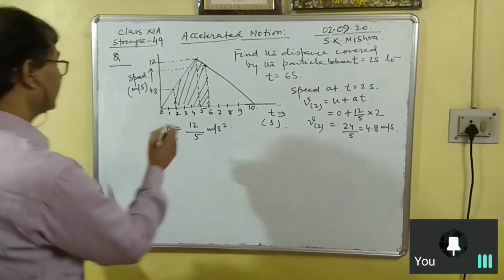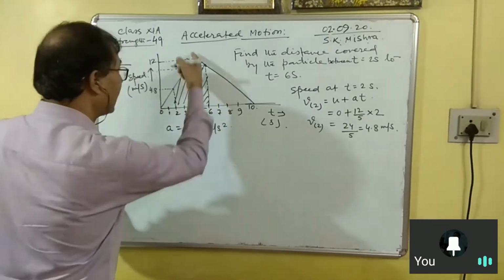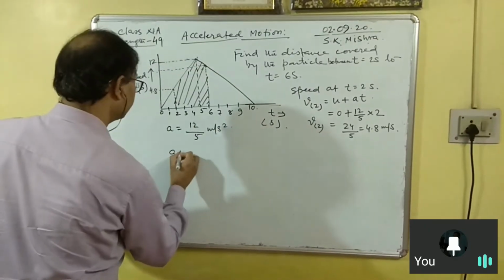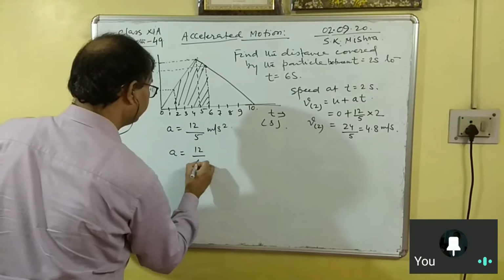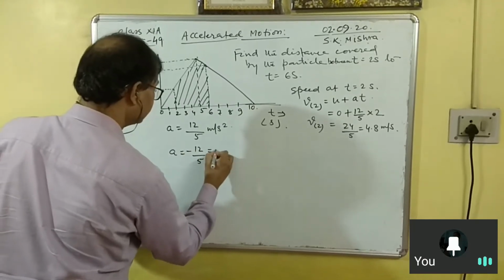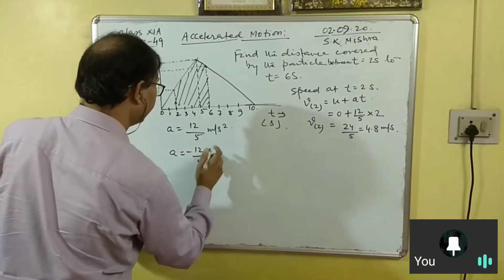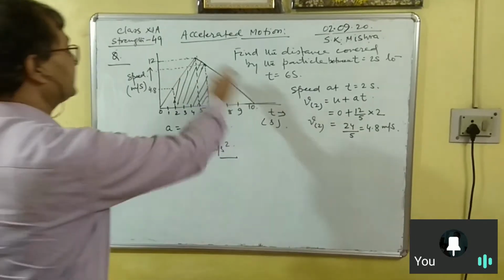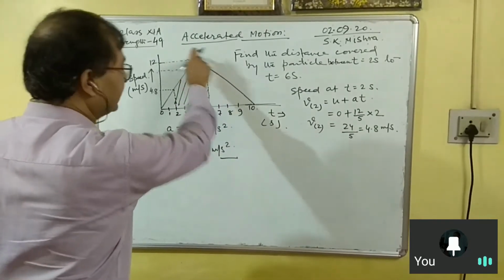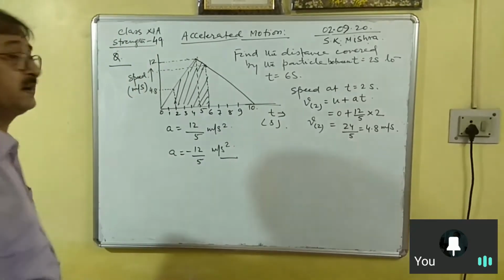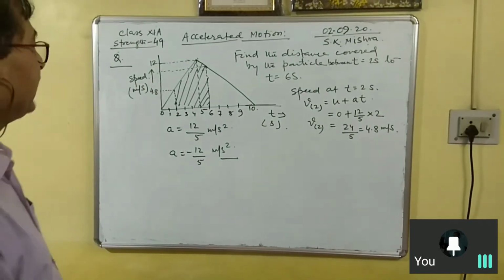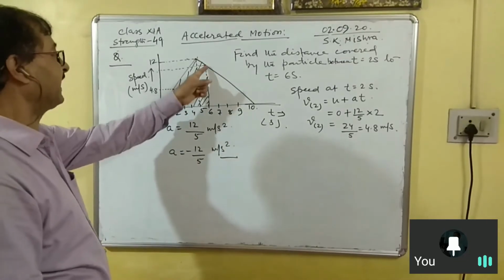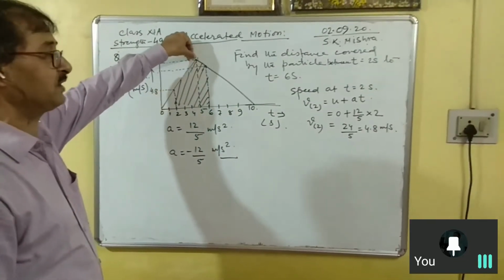So deceleration a in that region is minus 12 by 5 meter per second square. The deceleration is from 12 meter per second to final speed 0. So to find the velocity at the end of 6 seconds, you consider this one as the initial velocity.